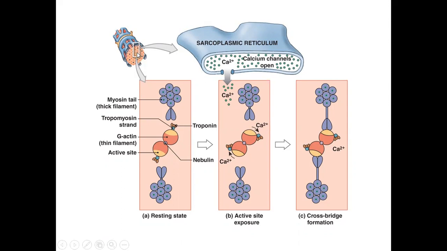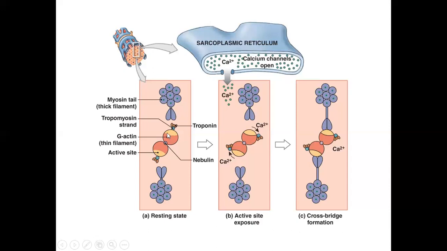Remember, at this portion, I have some actin sections that have been cut by a cross section. So if I cut through the actin filament, I'm going to cut through the globular actin with the nebulin holding the two globular actins together.